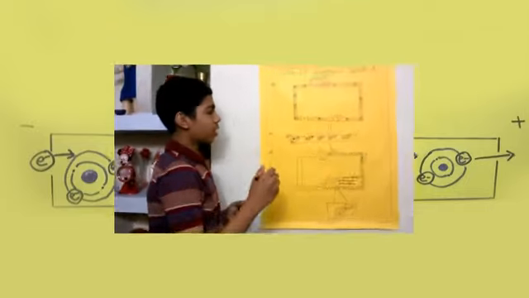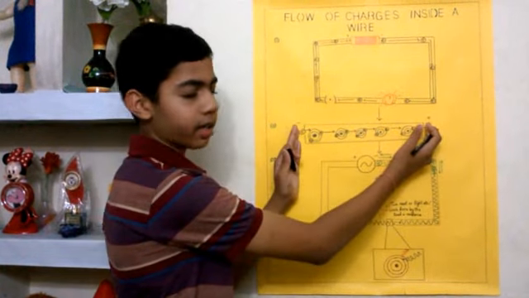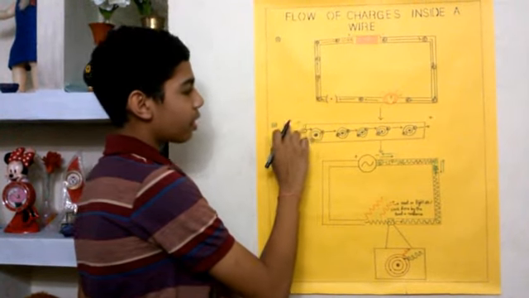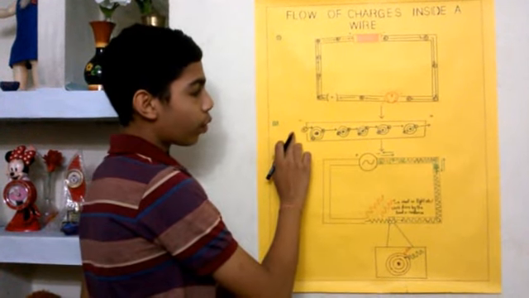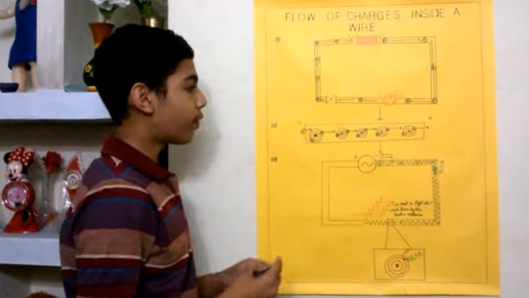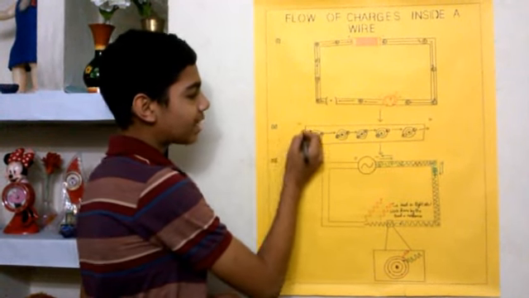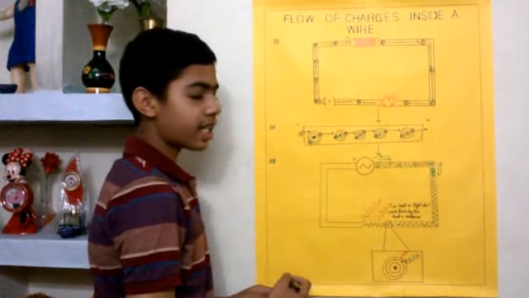So the second theory says that this is a conductor, and this is the negative terminal, this is the positive terminal. So electrons flow from this terminal to this terminal. Then how do they flow? We know that we have an excess of electrons on this side and a deficiency of electrons on this side.